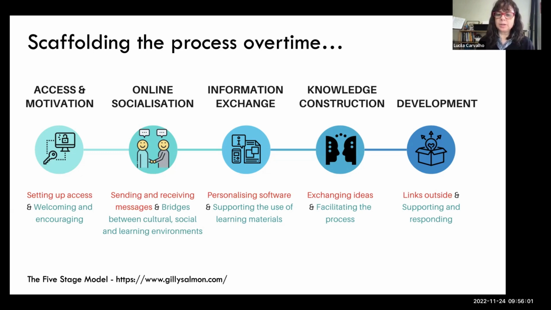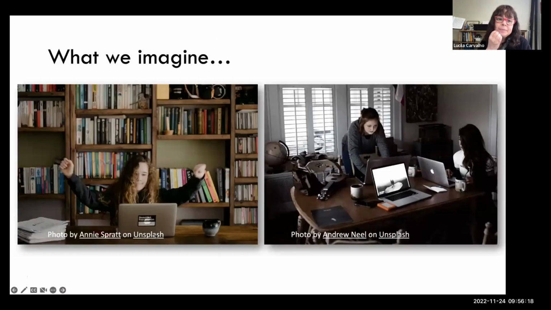And then it is important to have the conviviality aspect, right? So that people can actually participate in terms of sharing ideas and knowledge, and collaborating and co-constructing, etc. And many times what we imagine is the perfect situation, right?